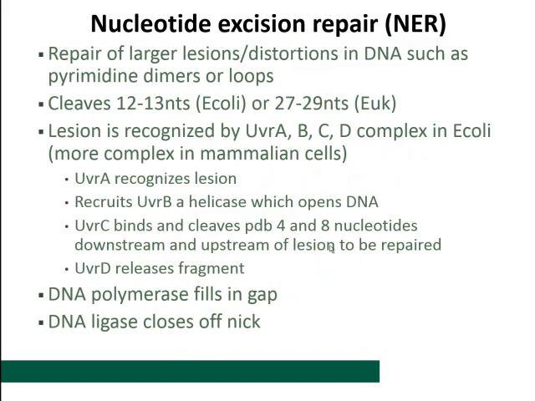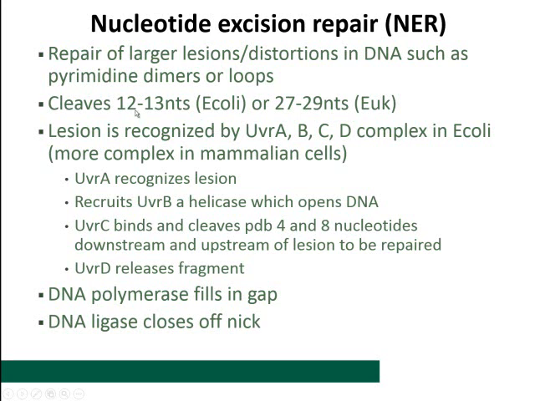The next one is nucleotide excision repair, and this is repair of larger lesions that are more than a single base distortion in the DNA. And this is common to pyrimidine dimers or loops that occur.